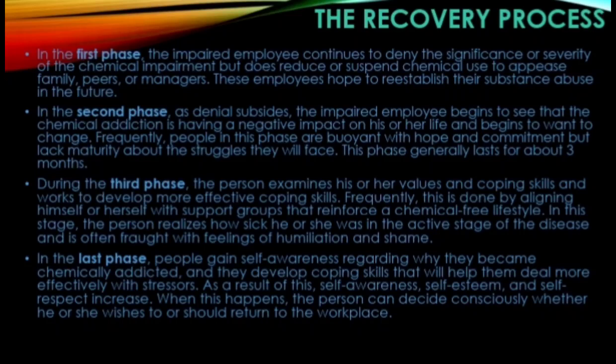In the last phase, people gain self-awareness regarding why they became chemically addicted and they develop coping skills that will help them deal more effectively with stressors. As a result, self-awareness, self-esteem, and self-respect increase. When this happens, the person can decide consciously whether he or she wishes to or should return to the workplace.